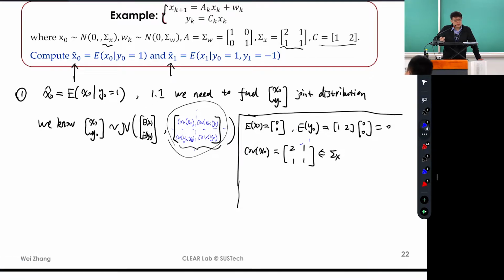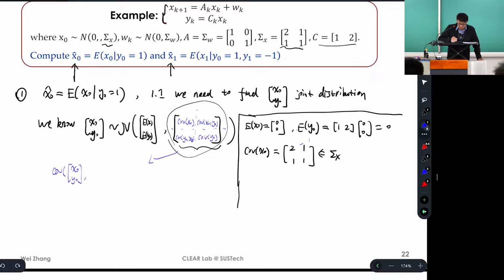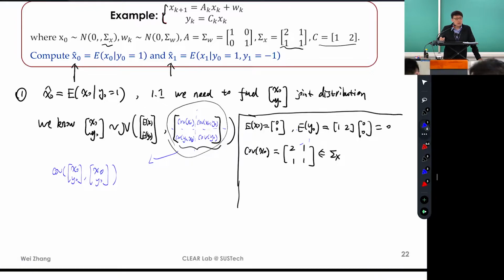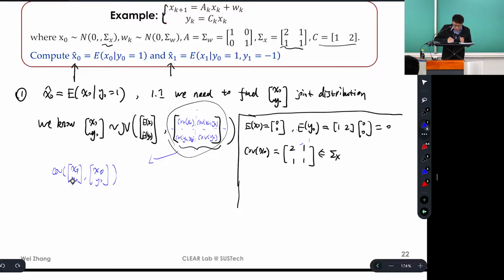By definition: you want the covariance of (X0, Y0) with itself, and if you partition it, you will find that's the case. Just imagine X1 and X2: this is X1 with X1, this is X1 with X2, and so on. It's a block operation.